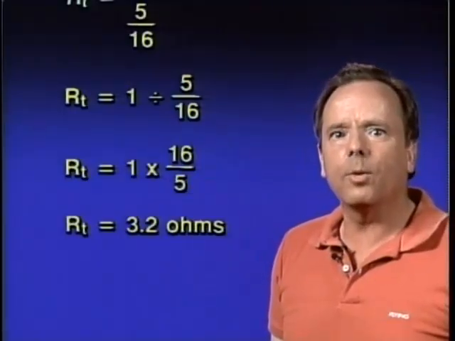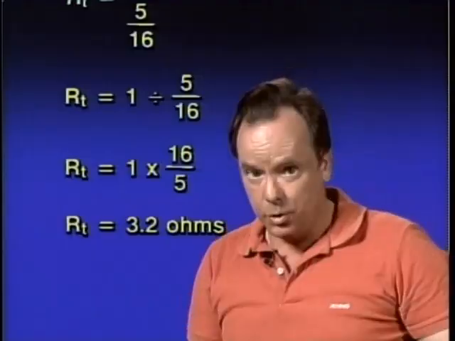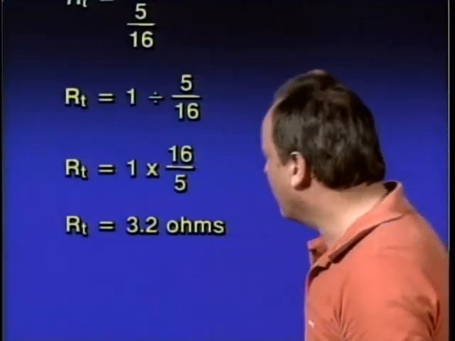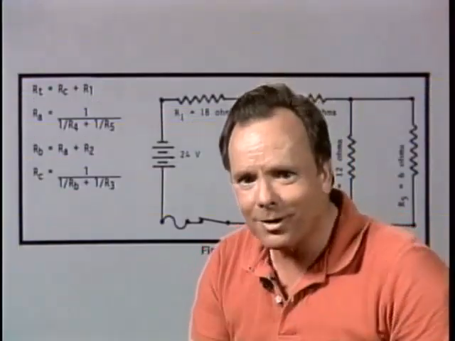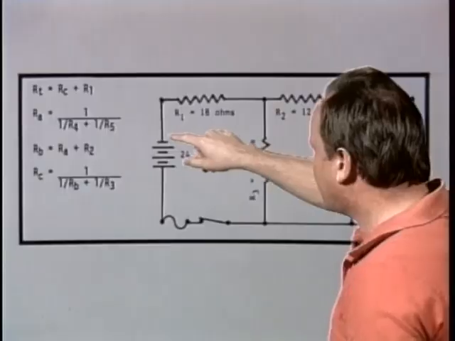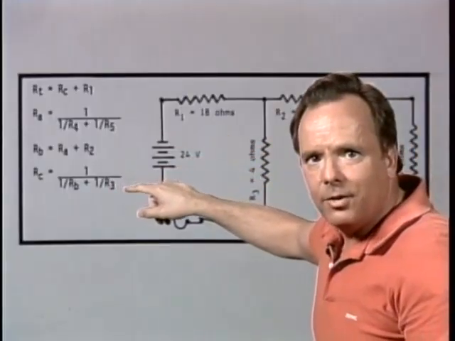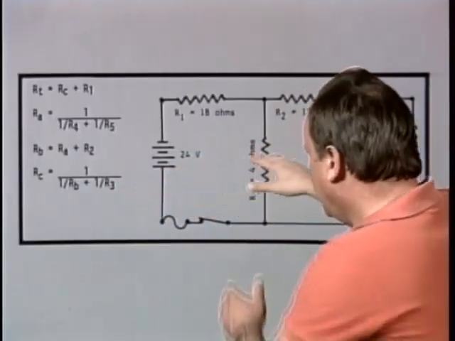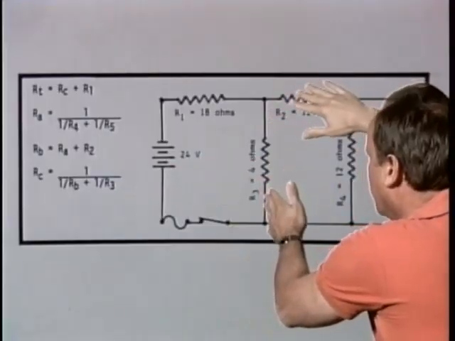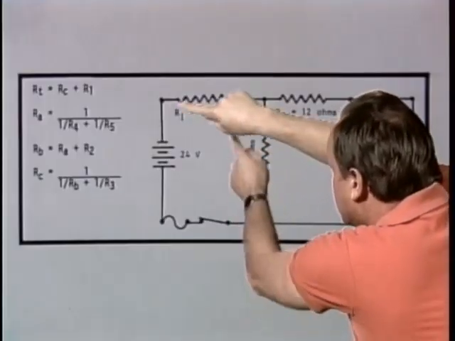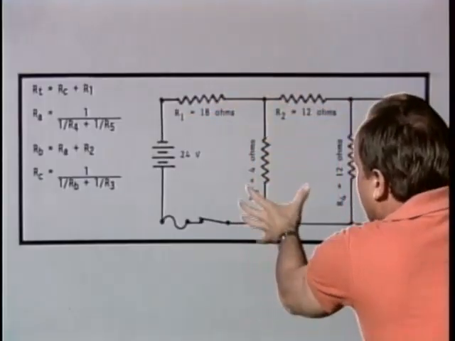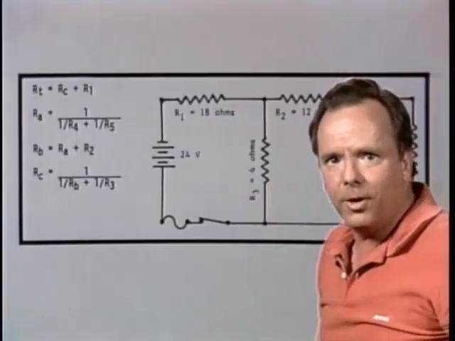Now let's take a look at where we're going to go from there. And to do that, let's you and I take a look at the drawing one more time. So here we are looking at that drawing. And the paths we have just figured out is we have 3.2 ohms for this entire pathway from here to here all the way. So now all we have is this resistance here plus this entire mess now has been resolved to 3.2 ohms.